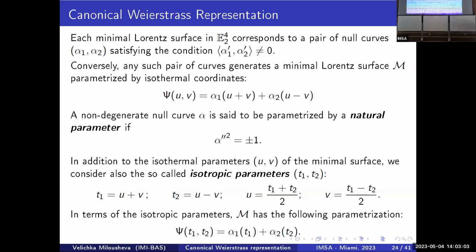So in addition to the isothermal parameters, we can consider also isotropic parameters. Here they are denoted by T1, T2, and they are connected with the isothermal ones by these formulas. So in terms of isotropic parameters, we have this parametrization of the surface.